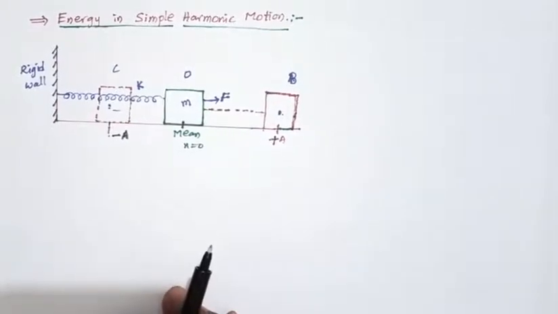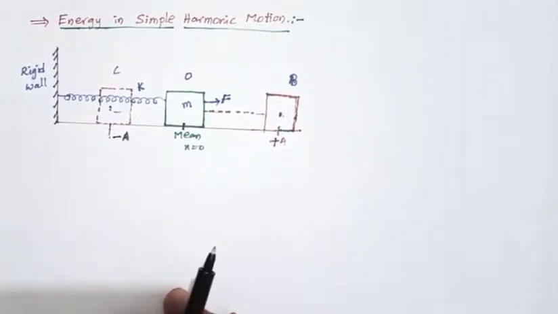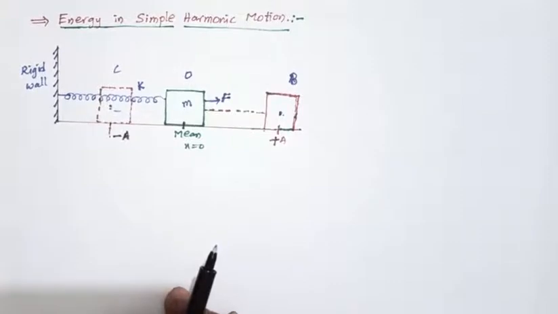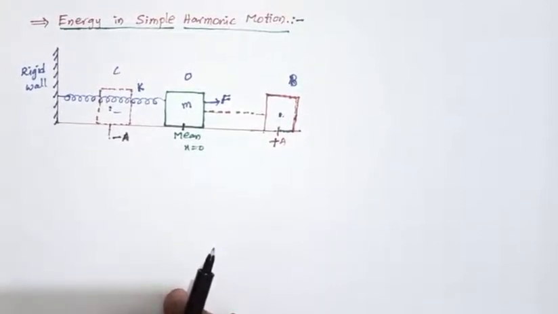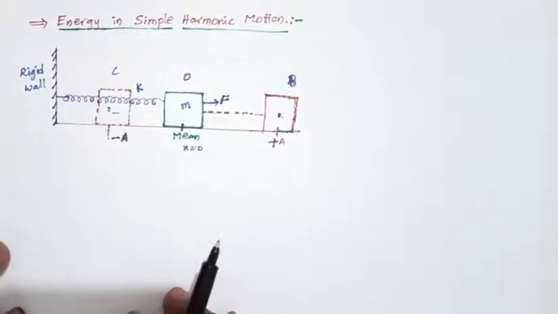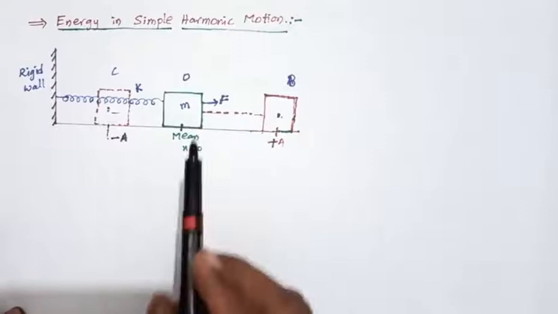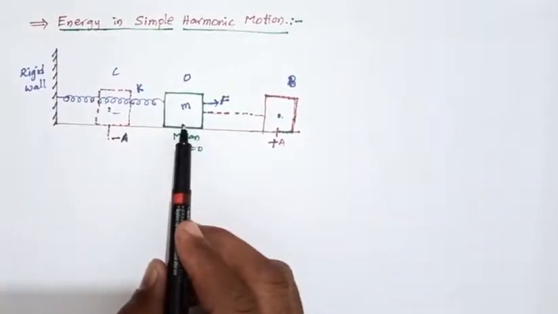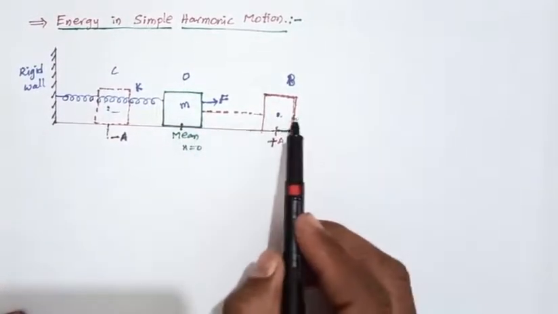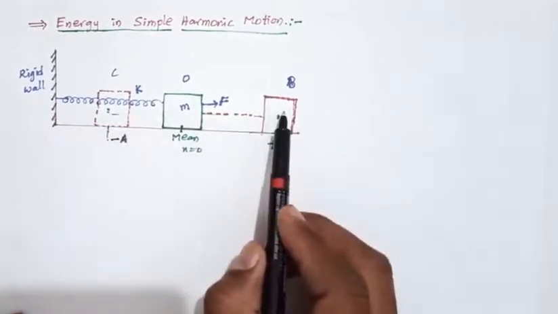So both the kinetic energy and the potential energy of a particle in simple harmonic motion vary between zero and maximum. The potential energy is zero here, and at the extreme position it is maximum.